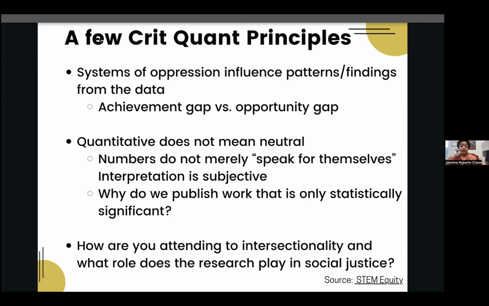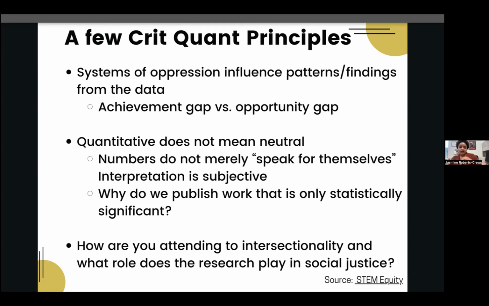Many of you in the chat noted that when you're coming from a quantitative perspective, you're socialized to think that the numbers are neutral, that there's no bias in it, right? But many quantitative researchers are using, for example, secondary data sets.